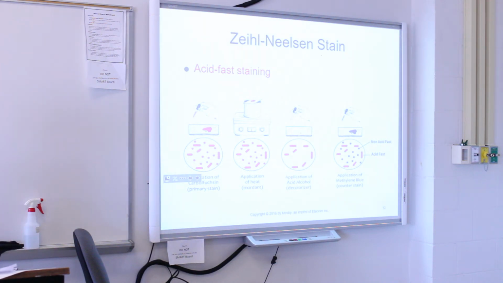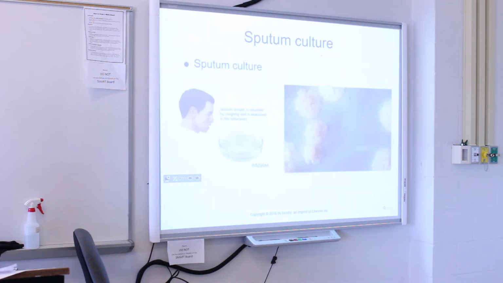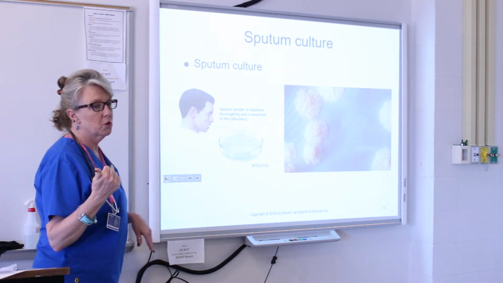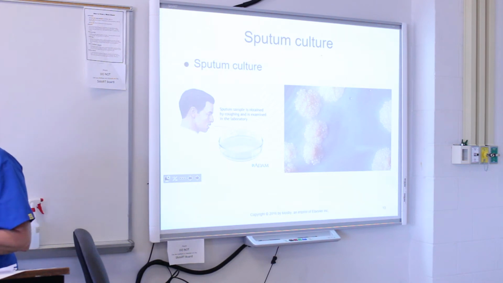But like I said, there are other mycobacteria other than tuberculosis that will stain red. So there's another test that can be done, and a lot of people like it even better. They'll do a sputum culture too, but I've got the stain on my mind.